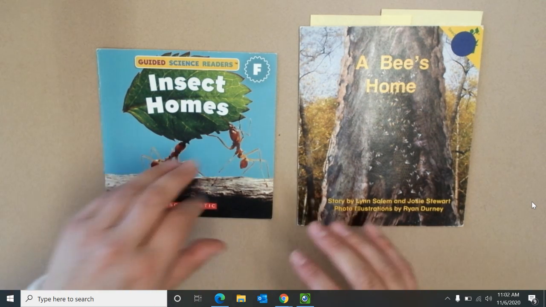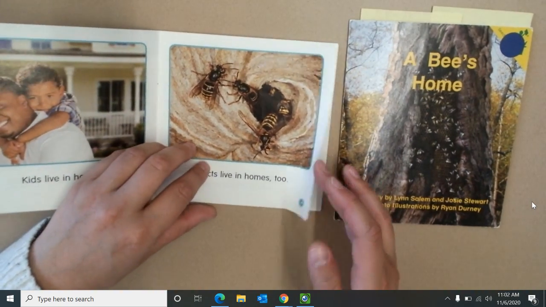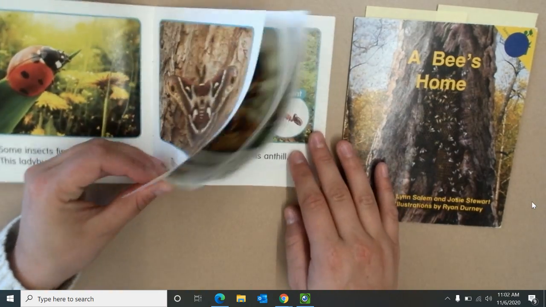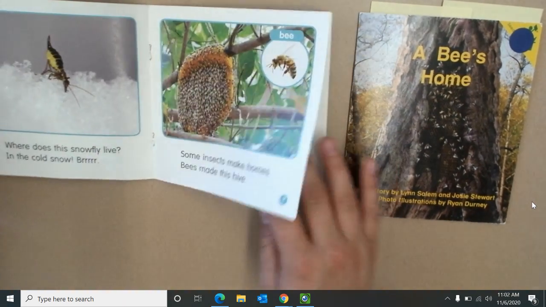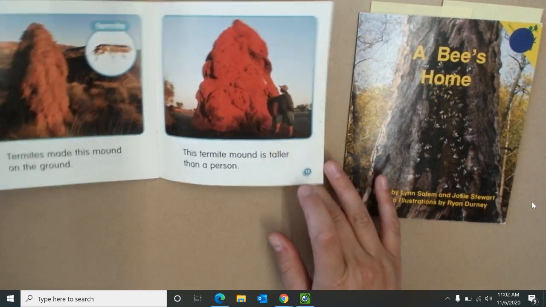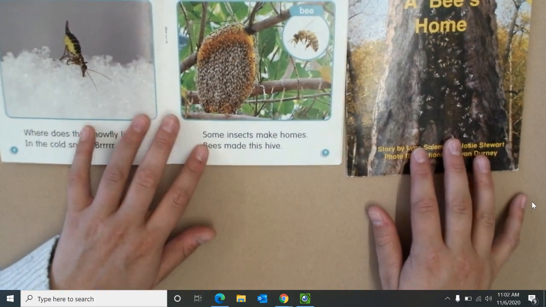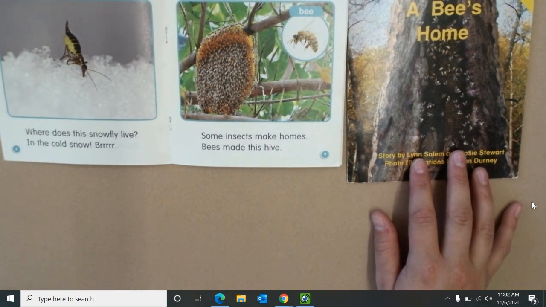But I wanted to flip to a page in here that I noticed was the same. See if I can find it. Oh, right here, silly Miss Henderson. Look.